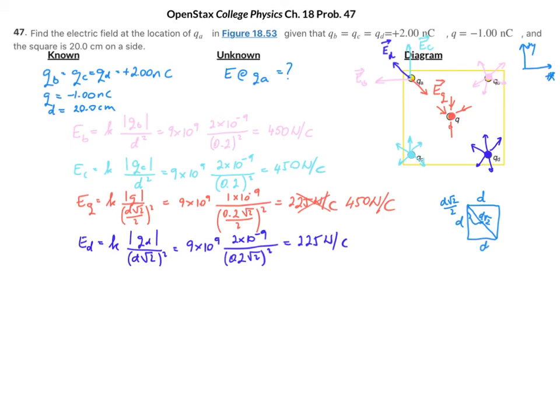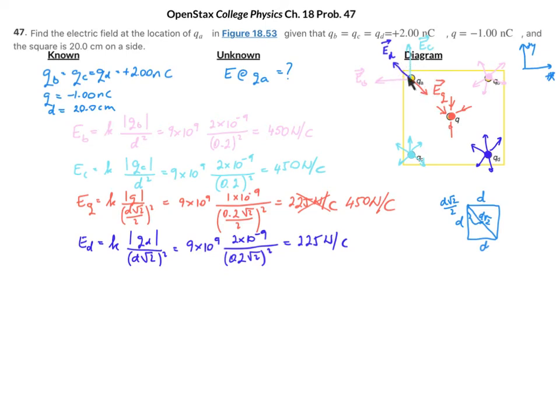So now we calculated all the different electric fields due to the 4 charges. But now we need to find the x and y components of the electric field due to Q and the electric field due to D. So I'm going to draw projections onto the x and y axis for both of these.